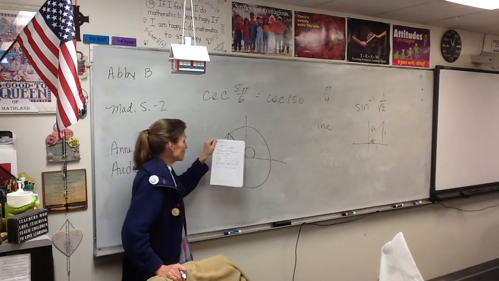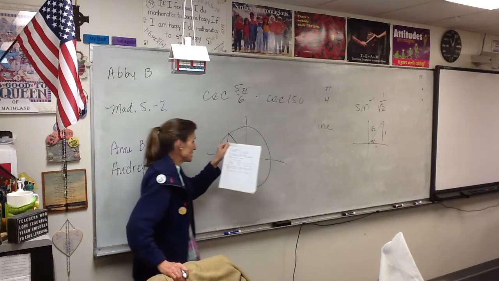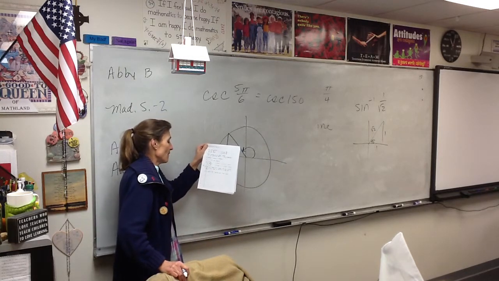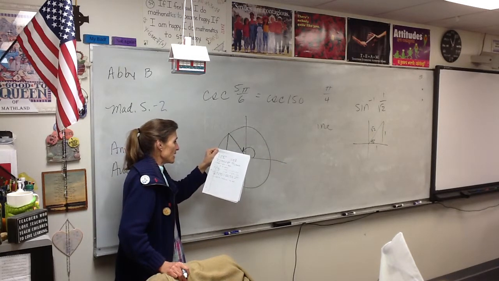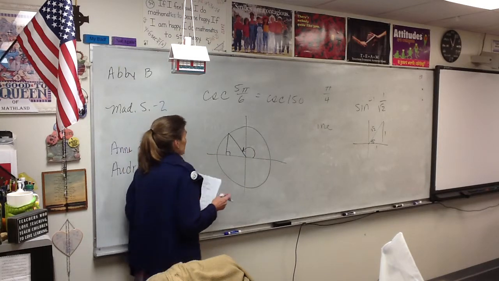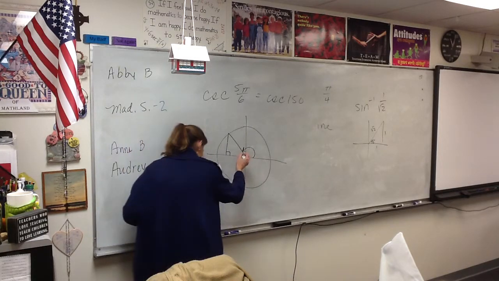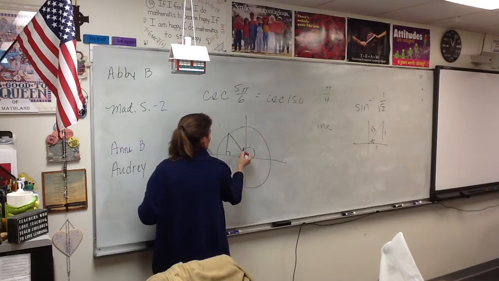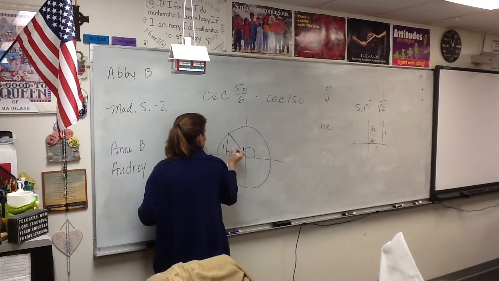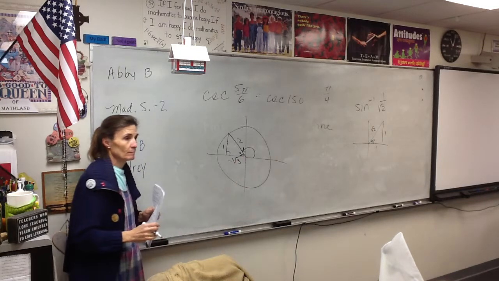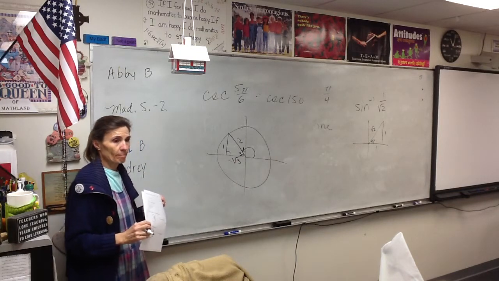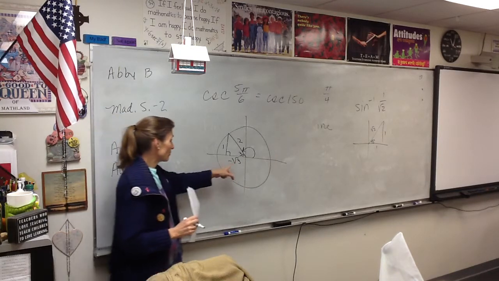It's the quiz 4145 review sheet. Okay. How big's my reference angle right here? 30. So the sides of the triangle would look like that. And we're really careful with the negative.